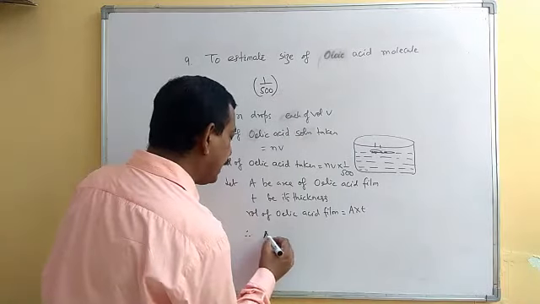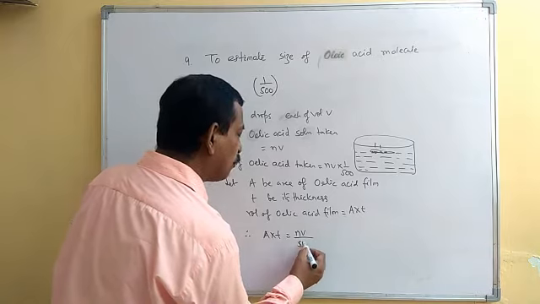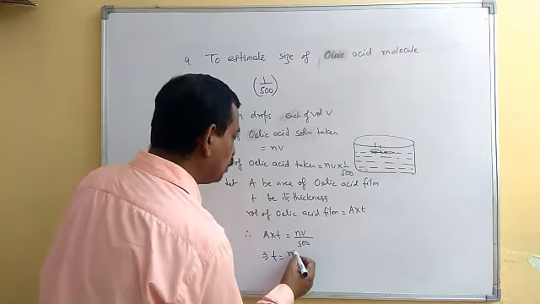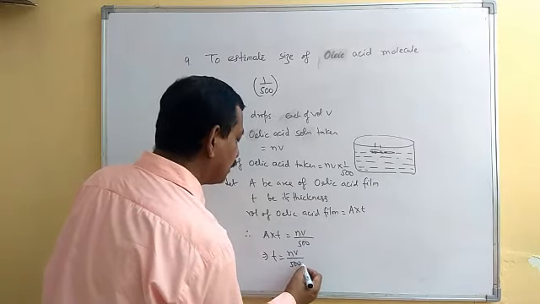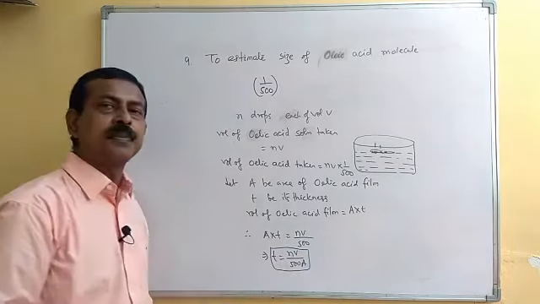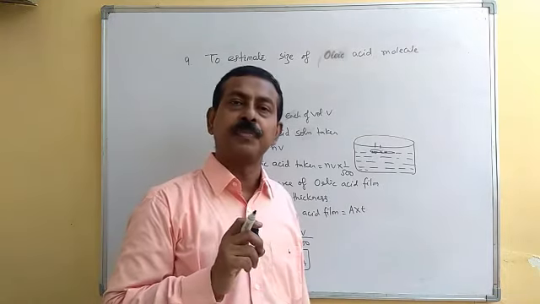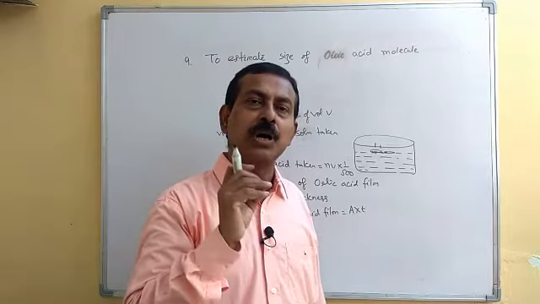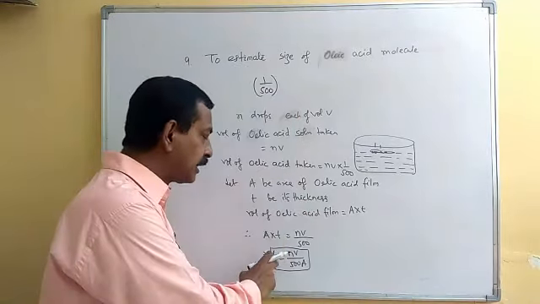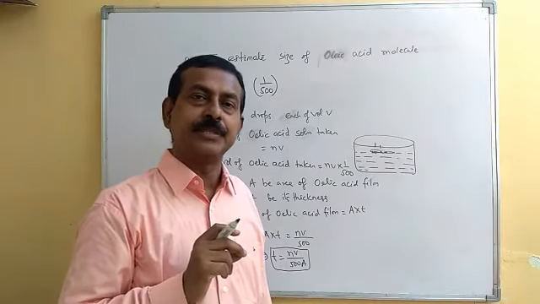Therefore, A into T is equal to nV by 500, and that implies T is equal to nV by 500A. This is the thickness of the oleic acid film, and as it forms a monomolecular layer, this thickness will also be equal to the molecular size of oleic acid.